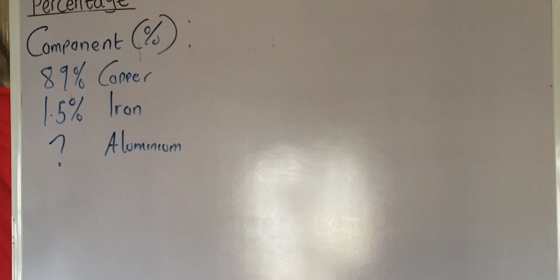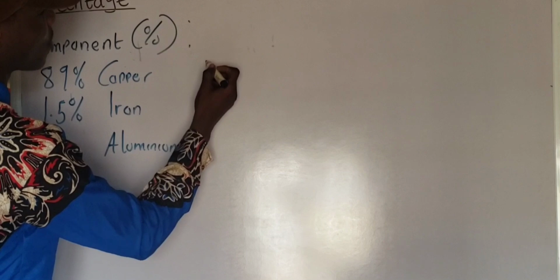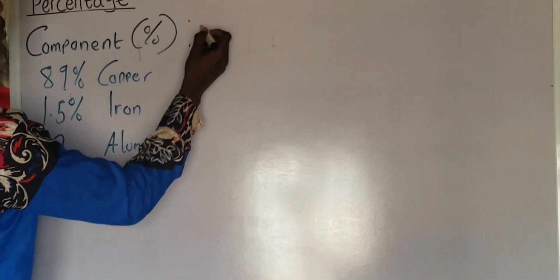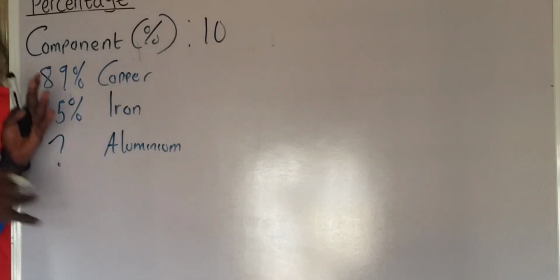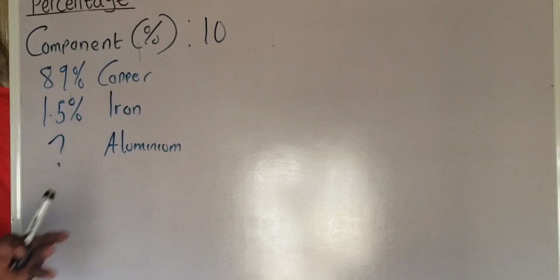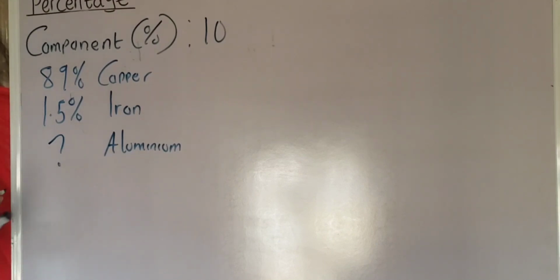So for the components of the alloy, the total in percentage must sum up to 100%. Do you understand? So the remaining percentage is for aluminium.